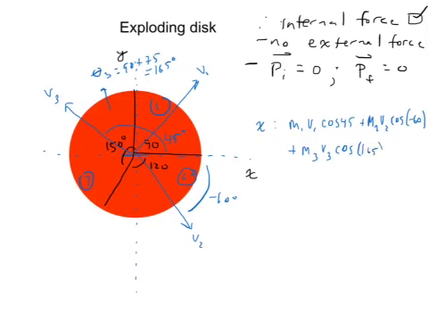So we're adding up all of the momentum in the x direction. Since there was no initial momentum, this whole thing must equal 0.